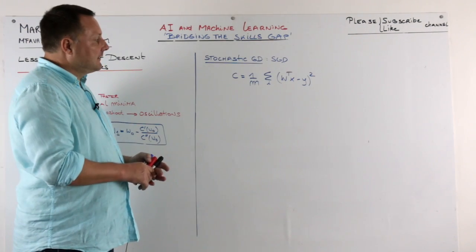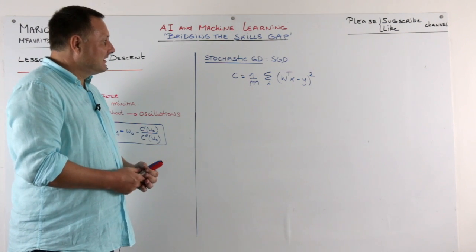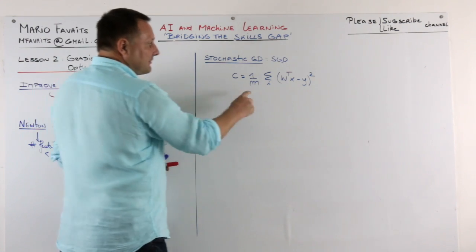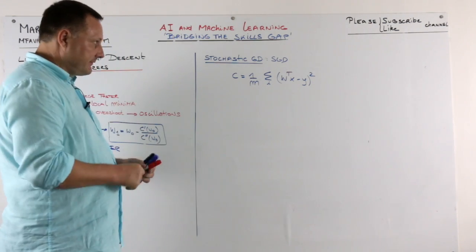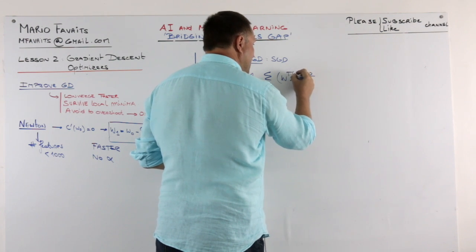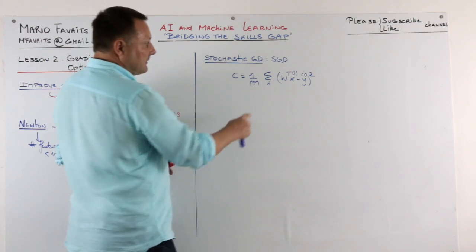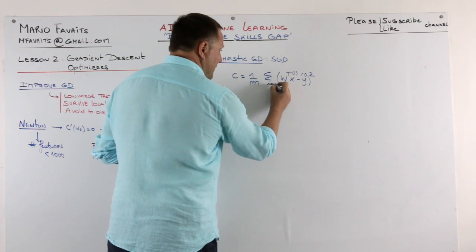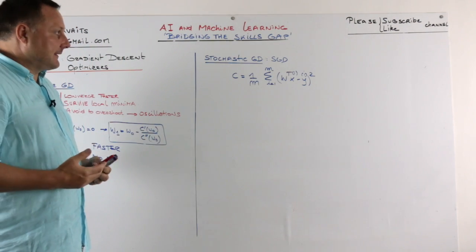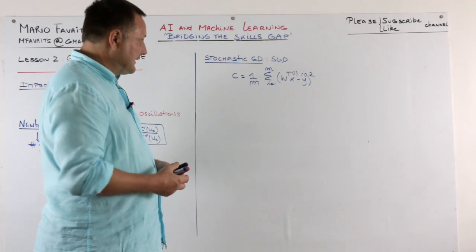Alright, let's look at a few more methods to have gradient descent work better. In the full batch gradient descent, this was the cost function that we derived. And let's put here i, because this is a formula per sample. You sum i is 1 to m. And this could be quite heavy to calculate, because you gotta update all these weights simultaneously.